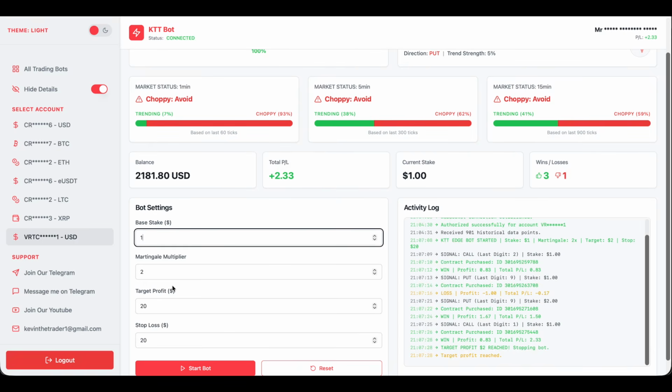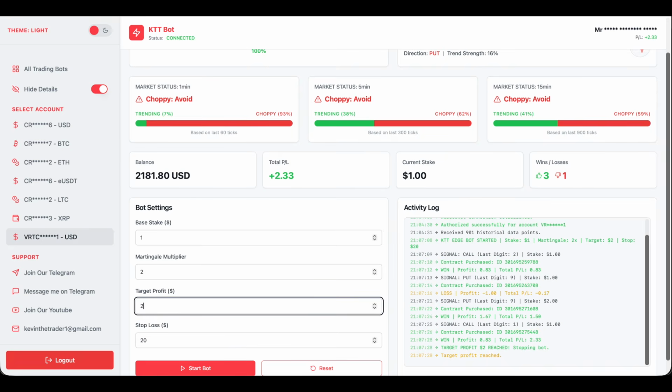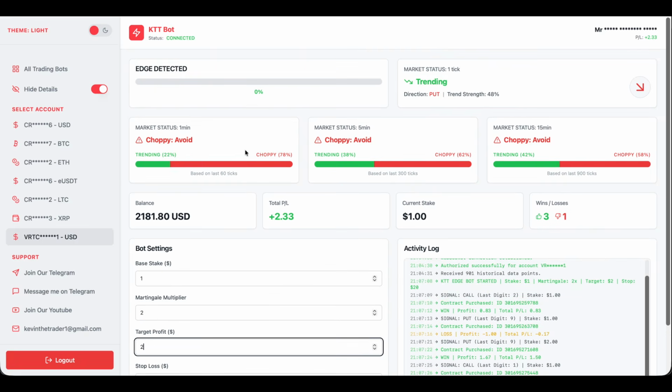So if this is 20 and this is 2, our target profit is 2. You place this 2 as your target profit, then you'll find that most of the time you'll be hitting your target profit, because as you can see, the market will not always be trending. The market sometimes is choppy and sometimes is trending.